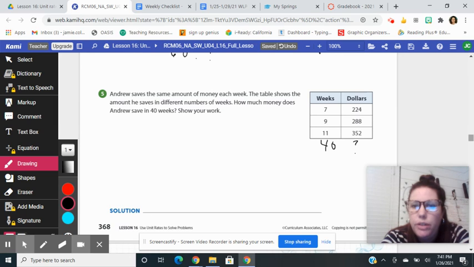So what you're going to do first is you're going to take our first ratio and you're going to divide it to find out what is the rate. So how much money is he making per week? That's the rate that you're trying to find. Once you do that, then you're going to multiply that answer times 40 weeks to see how much he's going to make. Okay, so hopefully that sets you up. Again, number 1, divide. Number 2, multiply.